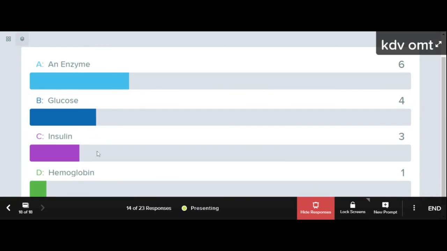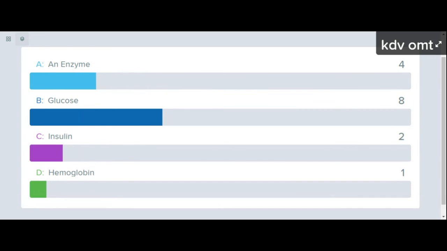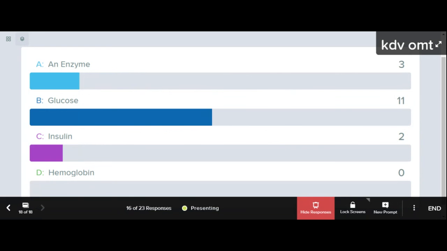Enzymes are proteins. Insulin is a type of protein. Hemoglobin is a type of protein. What is glucose? Sugar. All right, guys. So glucose. Thank you, Pedro.